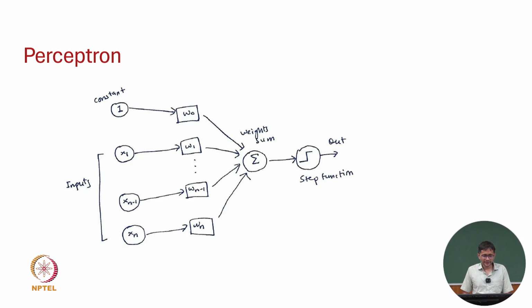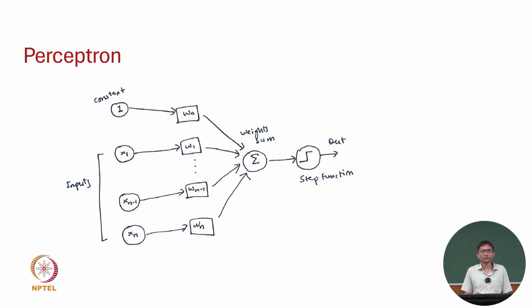These will all be processed with particular weights, let's say w1, wn minus 1, wn. Let's say we also have another weight w0, which gets multiplied with a constant 1. Now we take a sum here, and in the case of the original perceptron, we just process it using a step function and get the output.